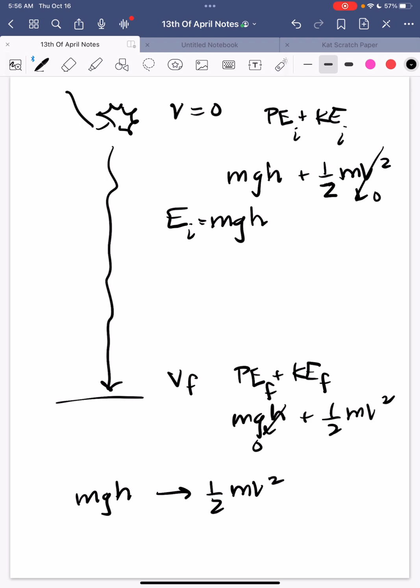So I could calculate these things, and let's say I find out that this is 0.1 joules, and let's say I find out that this is 0.05 joules. So that was its initial energy up at the top, and this is its final energy, like that. You go, well, why isn't it conserved?